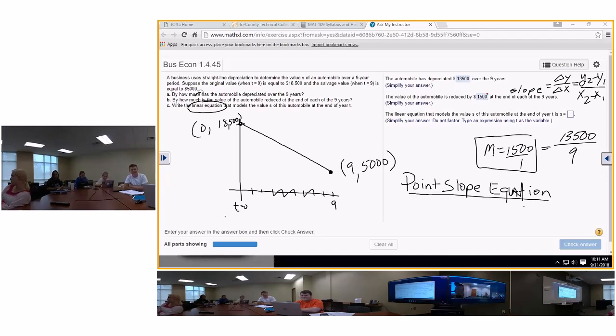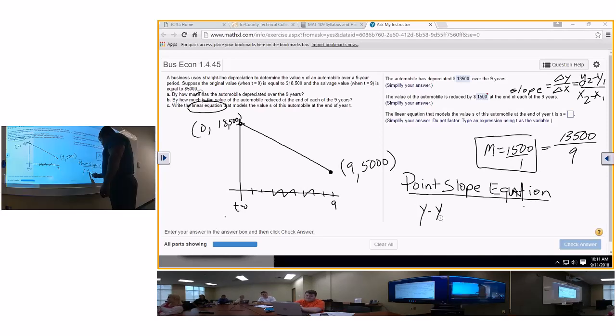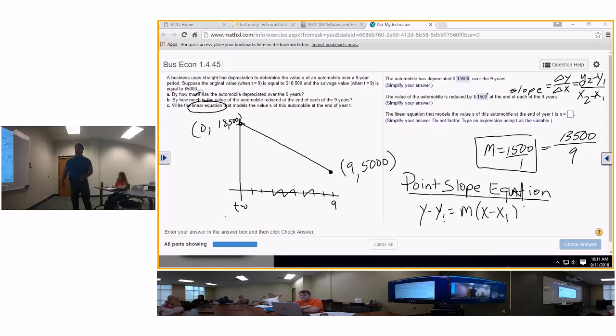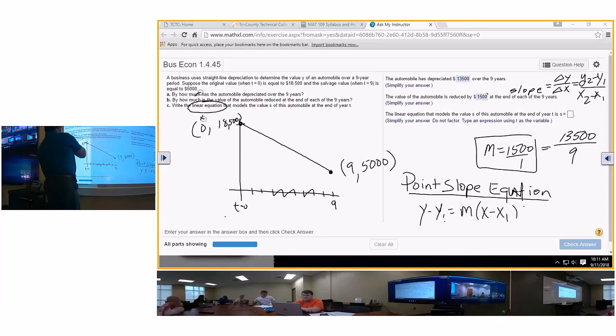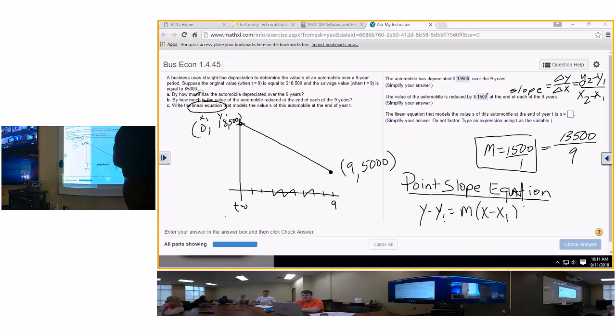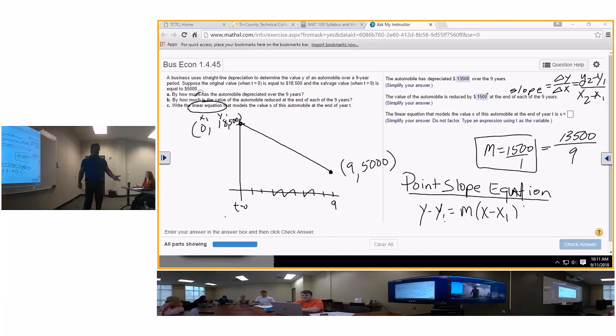y minus y sub 1 is equal to m times x minus x sub 1. Now you've got 2 points to pick from. Go ahead and plug and chug. Which way do we read? Left to right. So x sub 1, y sub 1, that's good enough. I'll use 0. Why am I going to use that point? 1, it's on the left, and 2, it's got 0 in it, which means easy what?